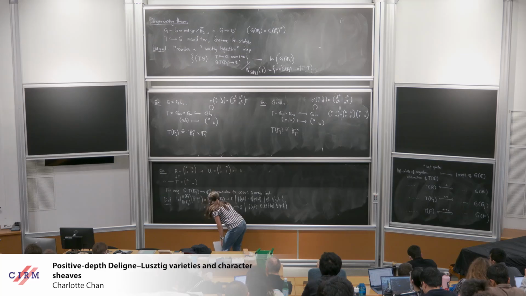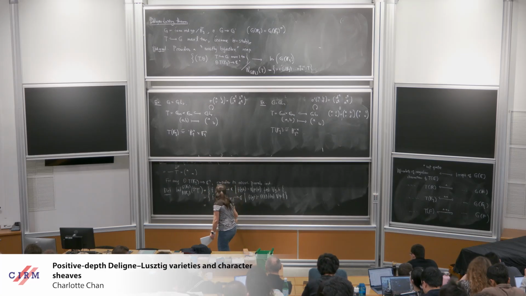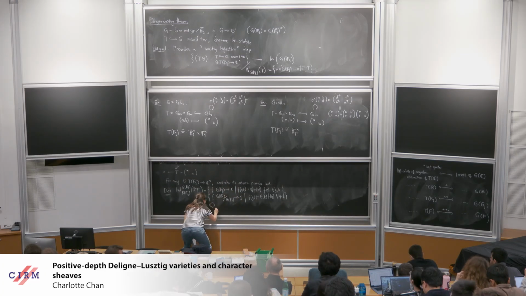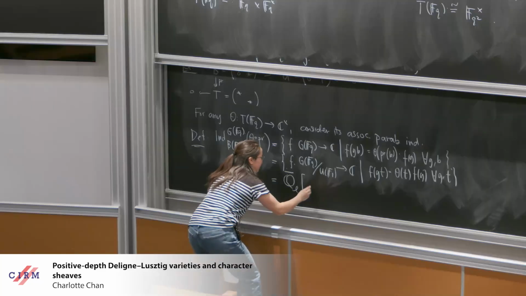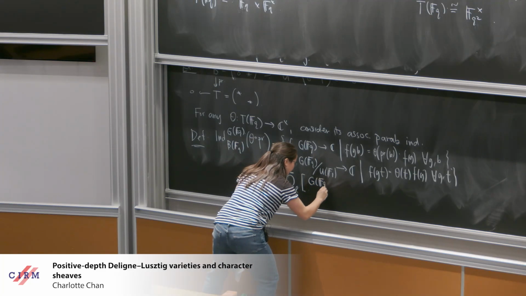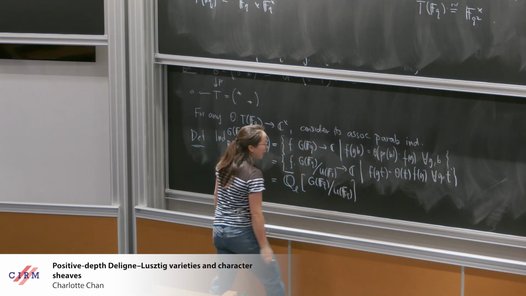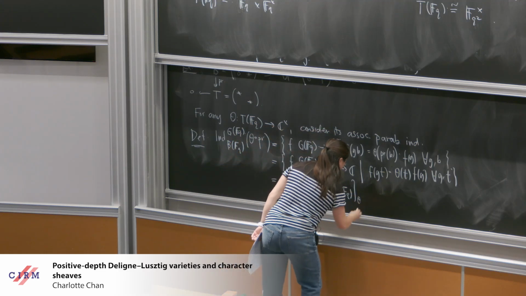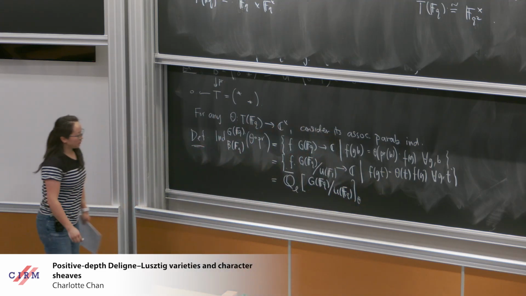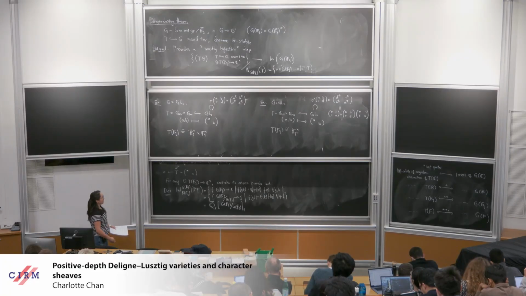This is a space of functions on G of FQ quotient by U of FQ, where the torus part is acting by some theta.